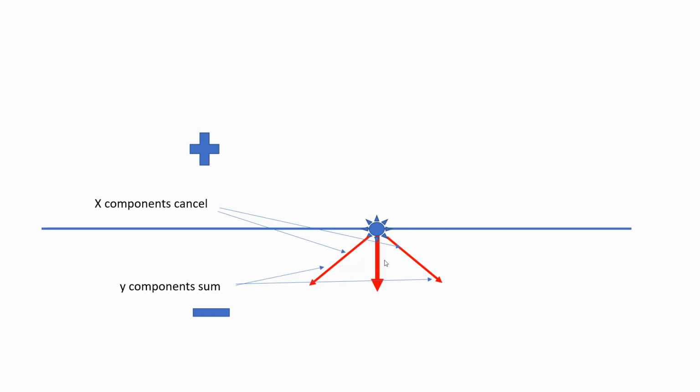But their y components sum. That's why at that particular point the electric field was oscillating in this direction as these charges were oscillating. And you'll see when I put a plane wave model at this point, its oscillation will be constant in the same direction. This basically explains why.